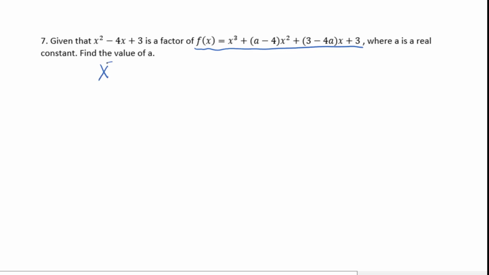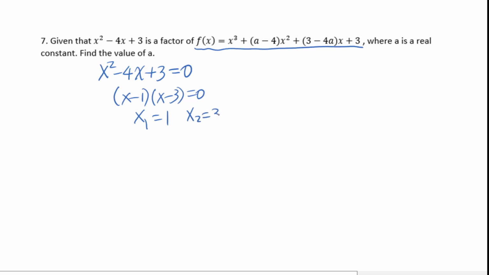Since x squared minus 4x plus 3 is a factor, we will get the roots for this factor. x minus 1, x minus 3 equals 0. x1 equals 1, x2 equals 3, which means f of 1 equals 0 and f of 3 equals 0.